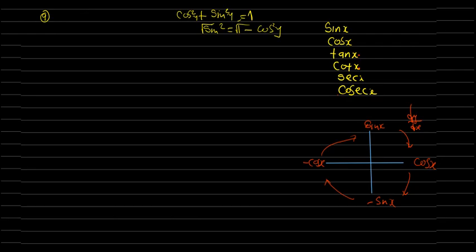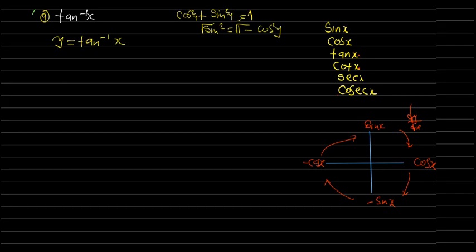Alright, so now differentiating tan inverse x. How do you differentiate this one? Let me use yellow. Yellow is at least visible. So what I'm going to do is, I'll make this a function: y is equal to tan inverse x.